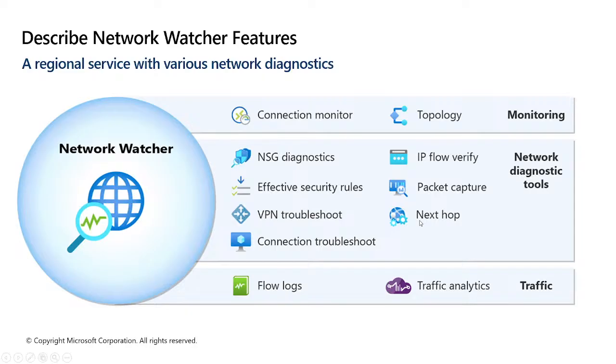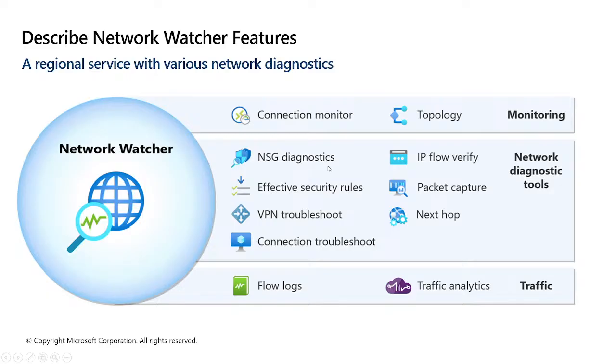The Next Hop also, if you have the Next Hop where you created a virtual appliance and you want your traffic to hit that particular appliance, after hitting, maybe the front end IP configuration on your application gateway, whatever you want to see, you can actually use the Next Hop, the packet capture, the IP flow verify.